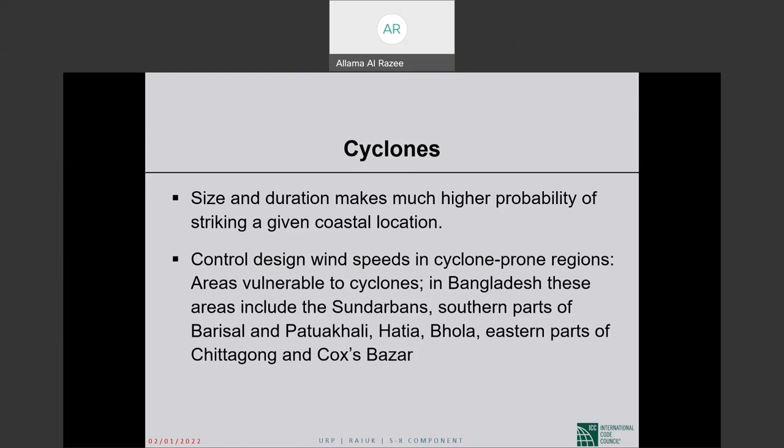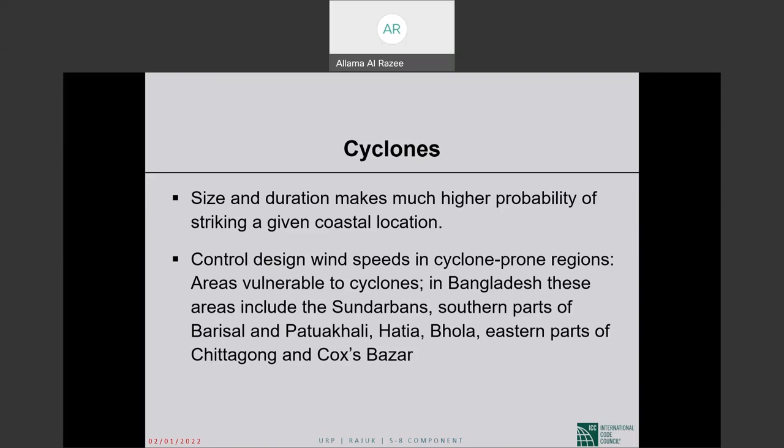So the likelihood of a particular place being hit by a tornado is very low. Hurricanes are huge. They seem to stay there forever. And as a result, the chances of a coastal community being hit by a cyclone are quite high.